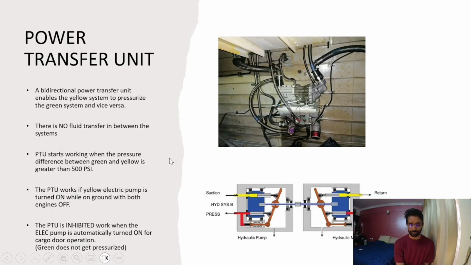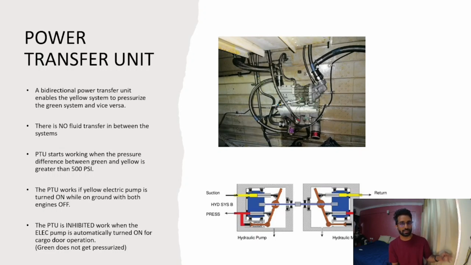Okay. Now, remember the yellow electric pump? So if you are on the ground, engines are off, and you switched on the yellow pump. Okay, you personally wanted to pressurize the yellow system. When you switch on the yellow pump, what happens? The yellow electric pump kicks in. It pressurizes the yellow system. When it pressurizes the yellow system, the green is at 0, right?